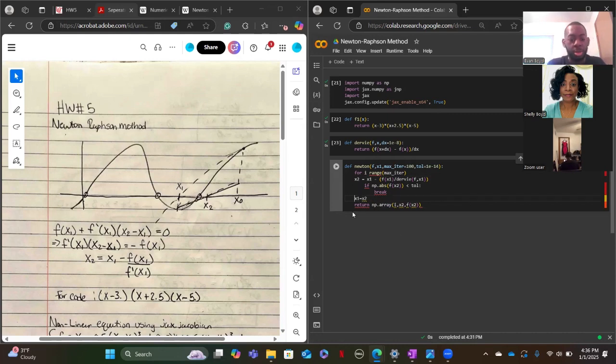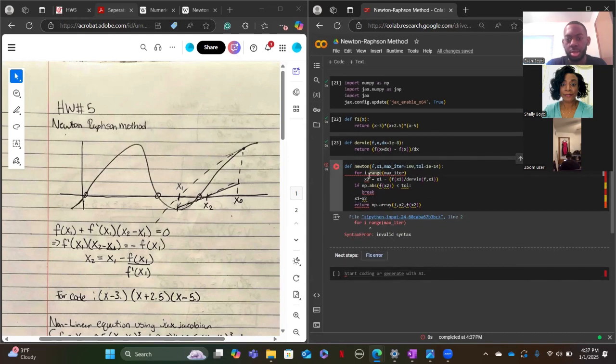This should be right. I don't know why we have red lines.